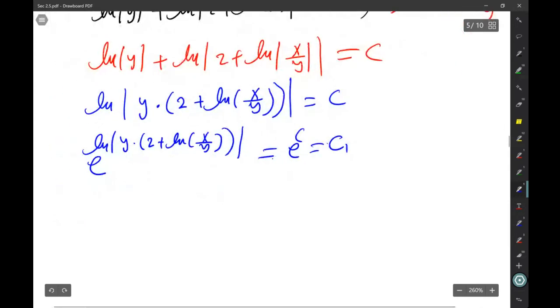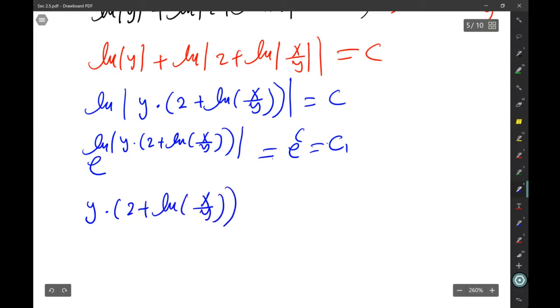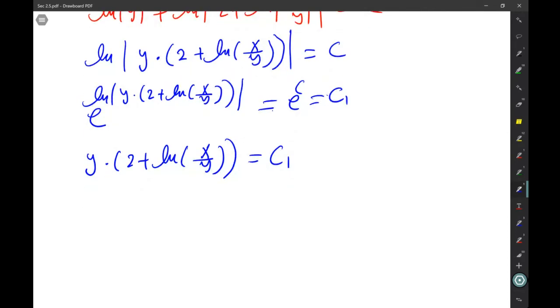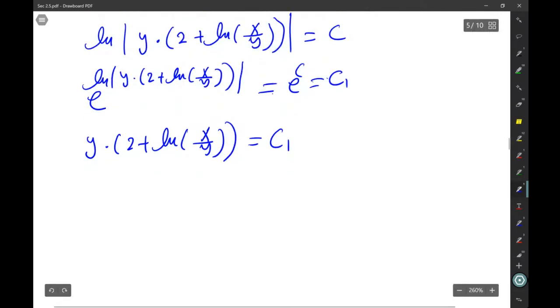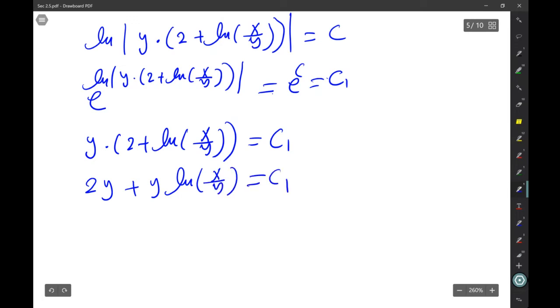But on the left hand side e will cancel ln. So we have y times 2 plus ln of x over y is equal to the constant c. Now we have here 2y plus y ln of x divided by y is equal to the constant c1.